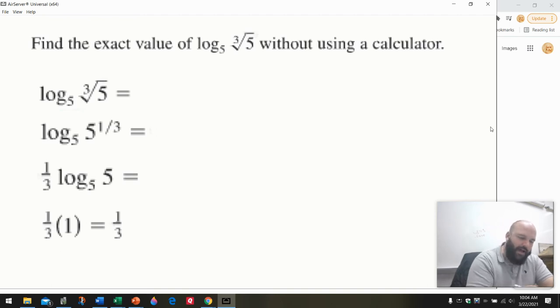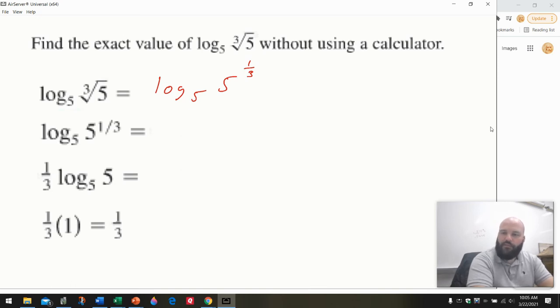So in this case, we have the cube root of 5. The cube root of 5, that power, cube root, would be the power of 1/3. So I will rewrite this as log base 5 of 5 to the 1/3 power. Remember, cube root is 1/3 power. Square root, that's the 1/2 power.